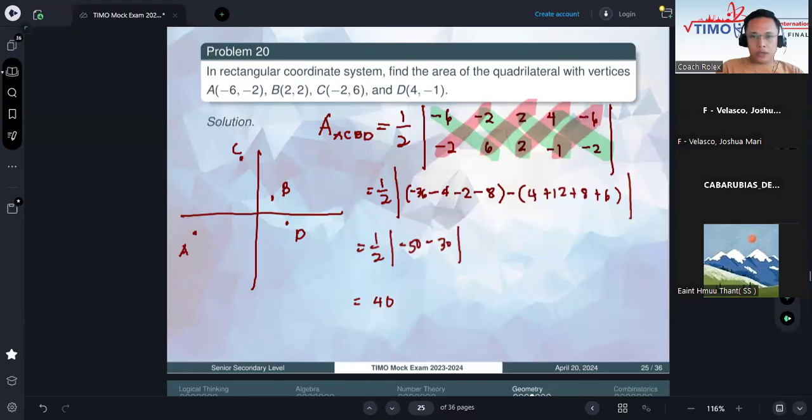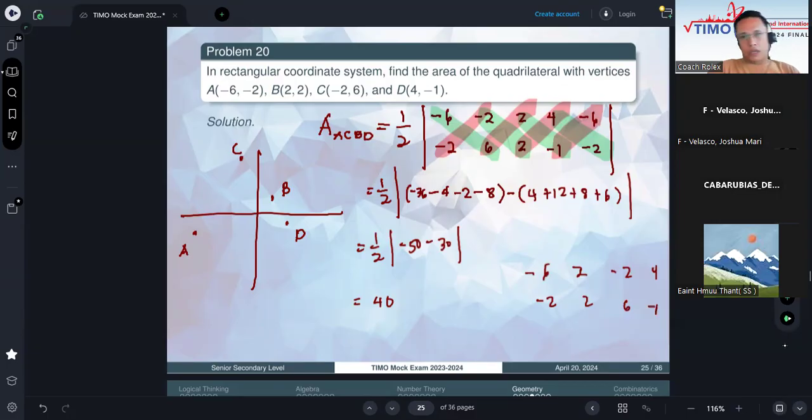So the order is a to the clockwise, yeah. One common mistake for this is automatically writing A, B, C, D. Meaning, instead of writing this, what we do, you write -6, -2, tapos 2, 2, -2, 6, 4, 1.